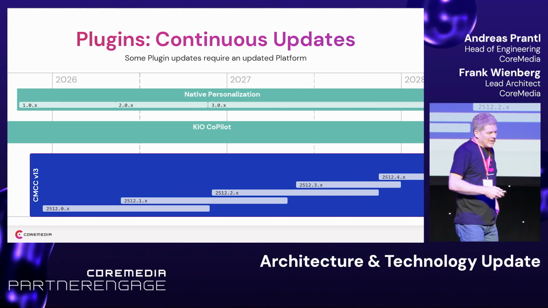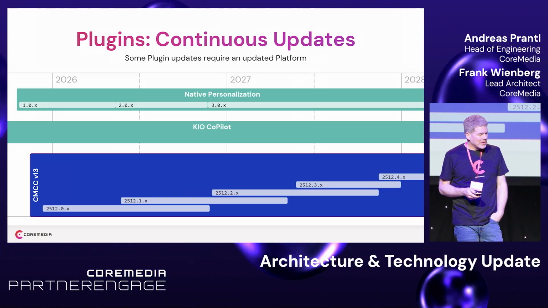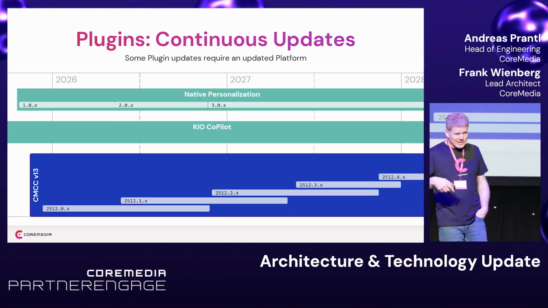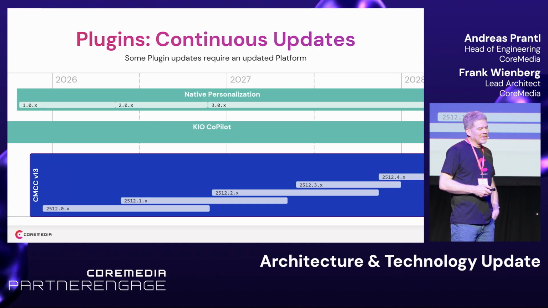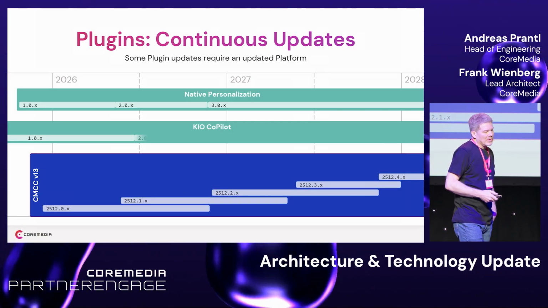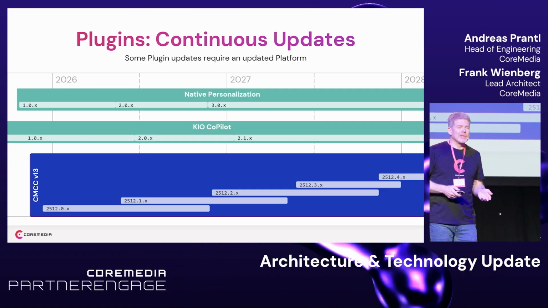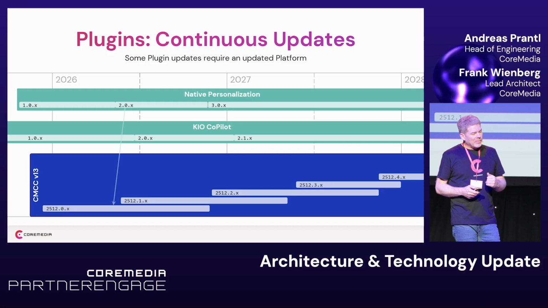Currently we have independent versions of these plugins. We just released the 2.0 version of native personalization for this event today. You will see this version in the presentation. And of course, Copilot also has versions, but they can be different. So they are really independently released. It's not completely independent from the platform, however.